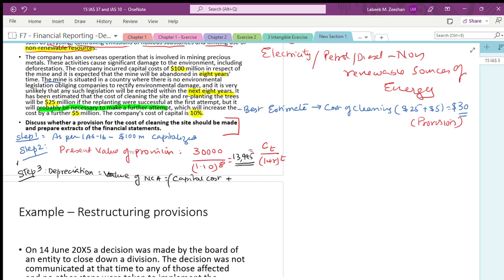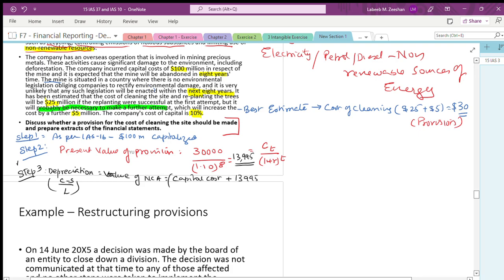What is the depreciation? Cost minus scrap divided by life. What is the cost? You have the capital cost, you have the provision cost. Provision cost is how much? 13,995.